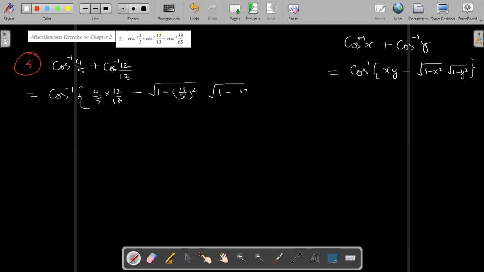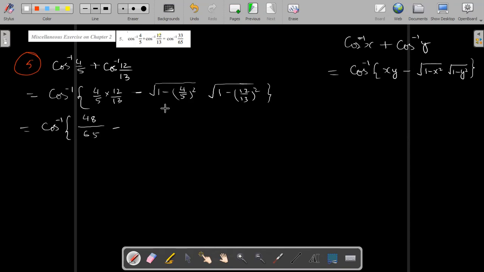Y is 12 by 13 whole square. Okay. Now solve this. So then we get cos inverse 4 by 5 into 12 by 13, 48 upon 65, minus.